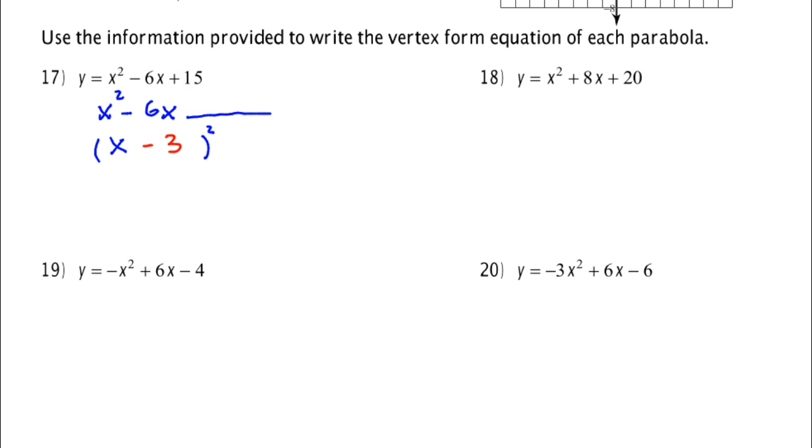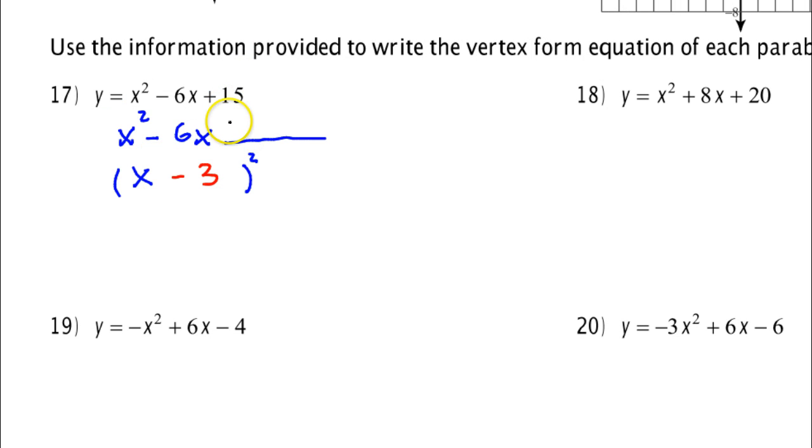What's -3 squared? 9. So I knew this is +9. In order for it to be equal to 15, though, I need 9 plus 6. These first 3 ended up equaling what's below, and then the 6 you just drop down.